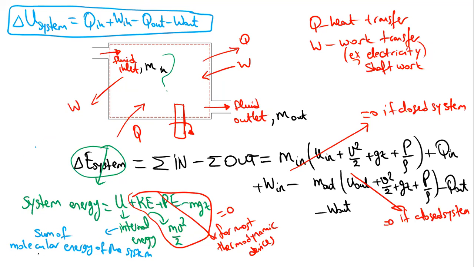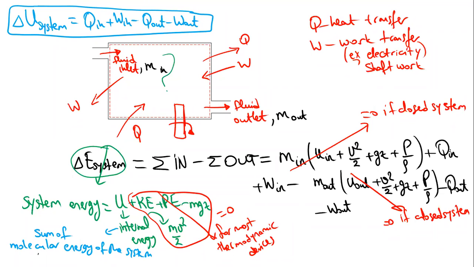Molecules can also vibrate, and they will have vibrational energy. Or rotate, and they will have rotational energy. If there are nuclear reactions, molecules can have nuclear energy. So there are different types of energies at the molecular level, and they expose themselves as internal energy.